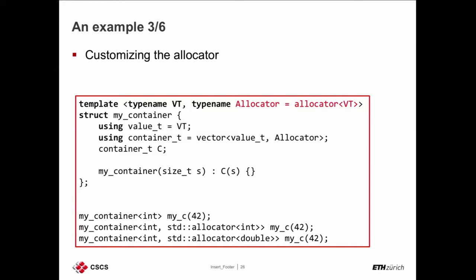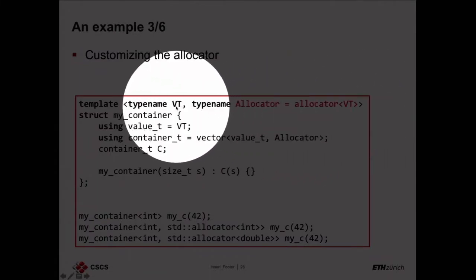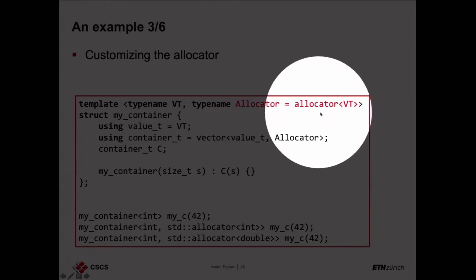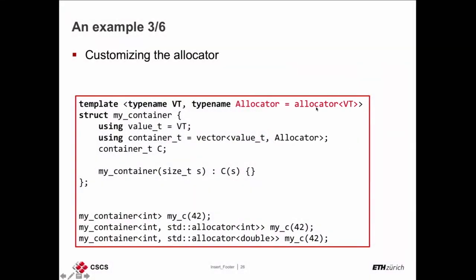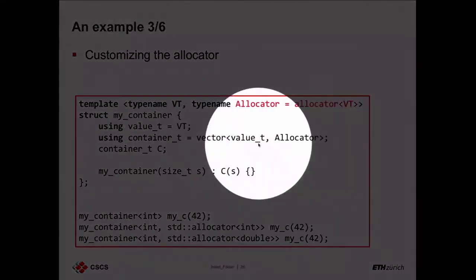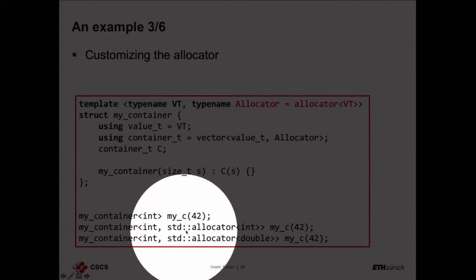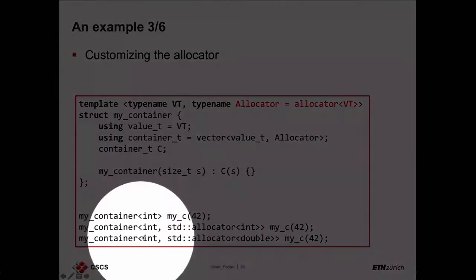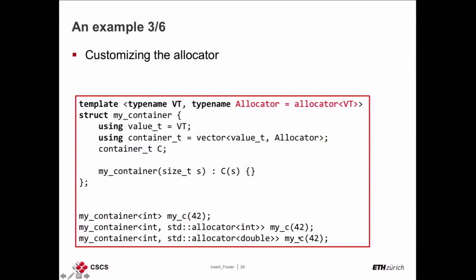You can specify how to allocate data. So I can just put the allocator of my value type. So I say that I want to instantiate an integer value type, and I want an allocator, by default the standard allocator of integers. And this will also work. So I can do my C of 42, we instantiate it, which is equivalent to integer and standard allocator of integer. And if I'm trying to allocate an integer with the standard allocator of doubles, this will be a compile error.